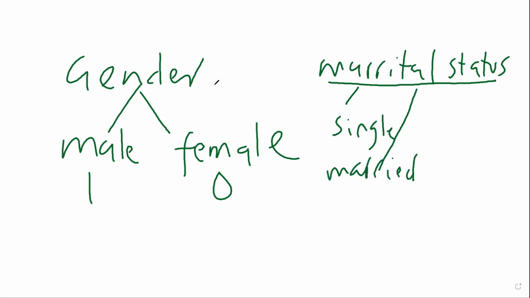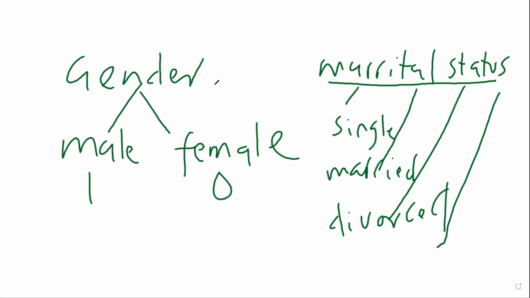The third level is divorced. And the final level is widowed. Even though some will have other strange ones, these are the ones we want to interest ourselves with. Don't worry, at the end of everything, if you have a question, you can ask me. So that is a typical example of it.